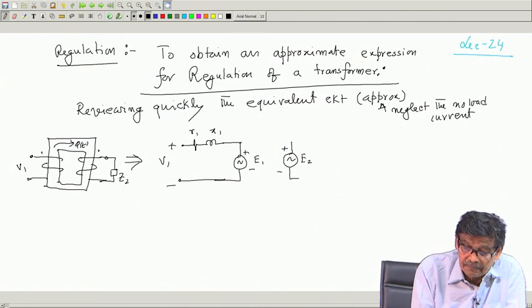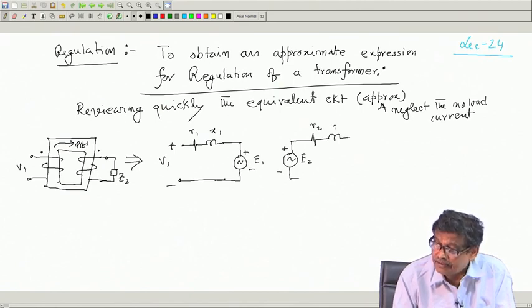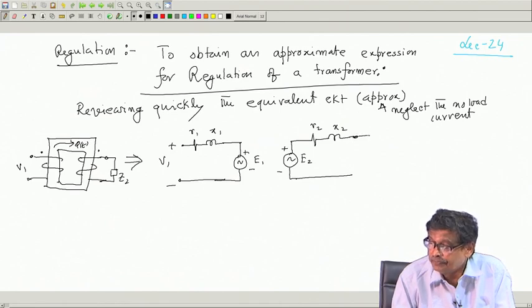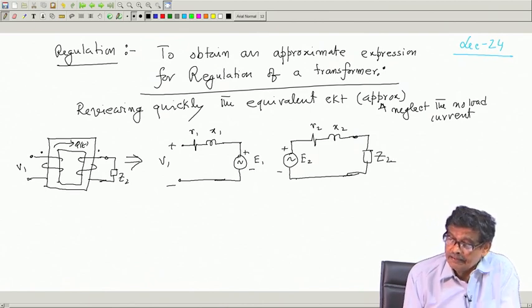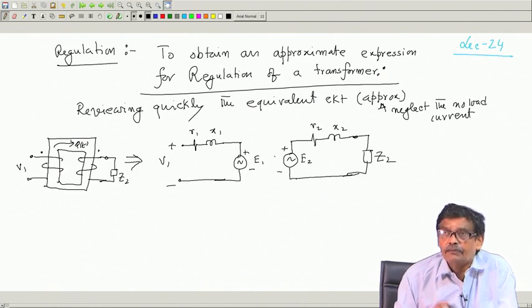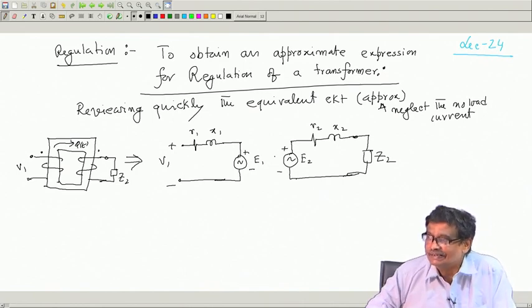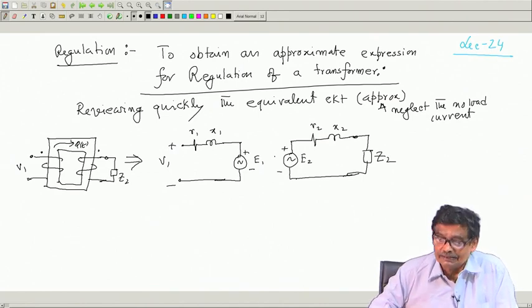And here was your R2, X2, and here is your load. This is the ideal transformer primary, this is the ideal transformer secondary. No load current and magnetizing current I have neglected. So, this is like this.